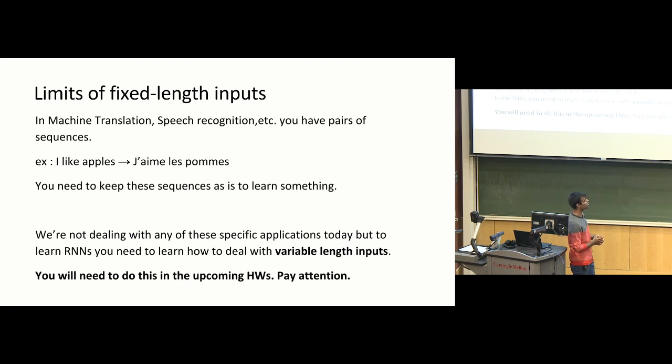That is why your RNN should be capable of handling variable length inputs. For example, I like apples, jamais les pommes: your input is 3 words and your output is a different length. So your RNN should be capable of dealing with different words.